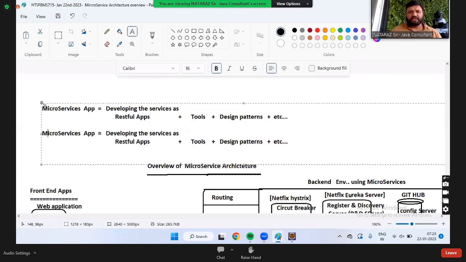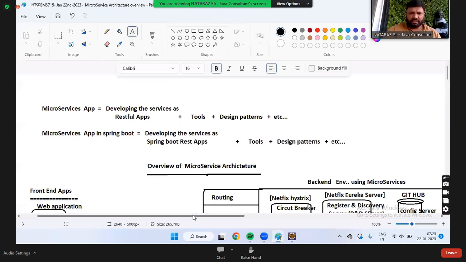Microservices application in Spring Boot. Spring Boot is equal to developing services as Spring REST applications or Spring Boot REST application.